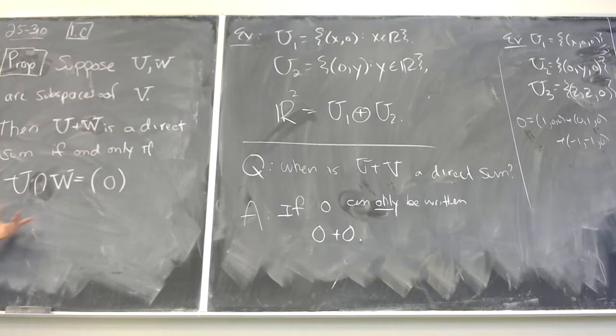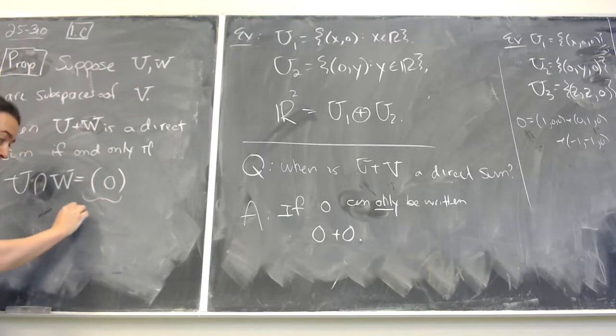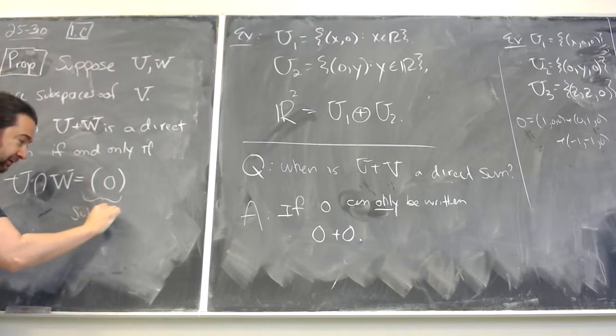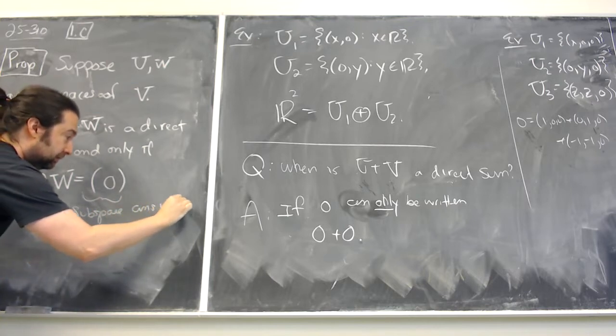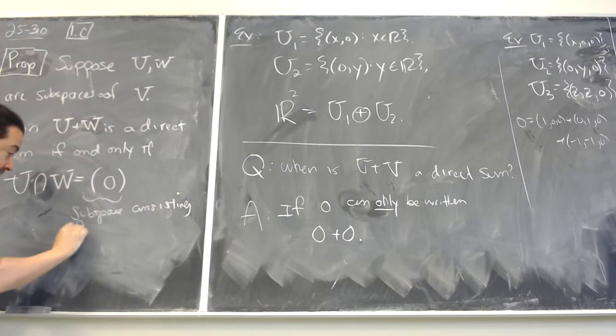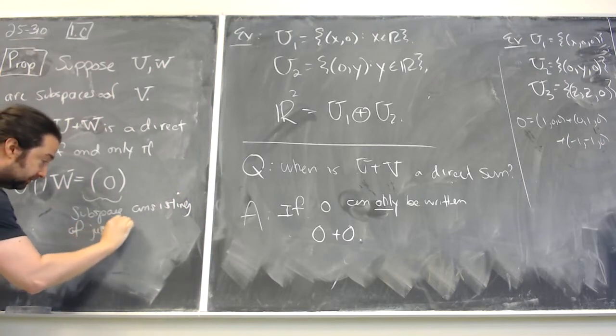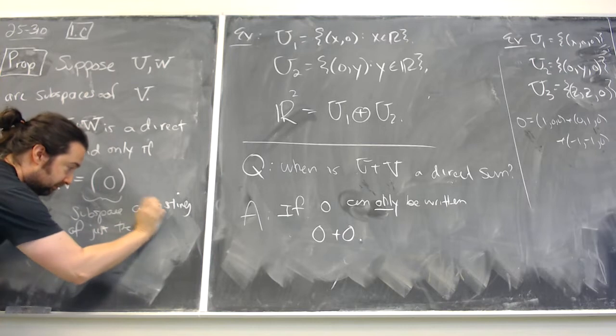If we only intersect at the 0 vector, then that means the only way to write 0 is with piles of zeros. This means the subspace consisting of just the 0 vector.